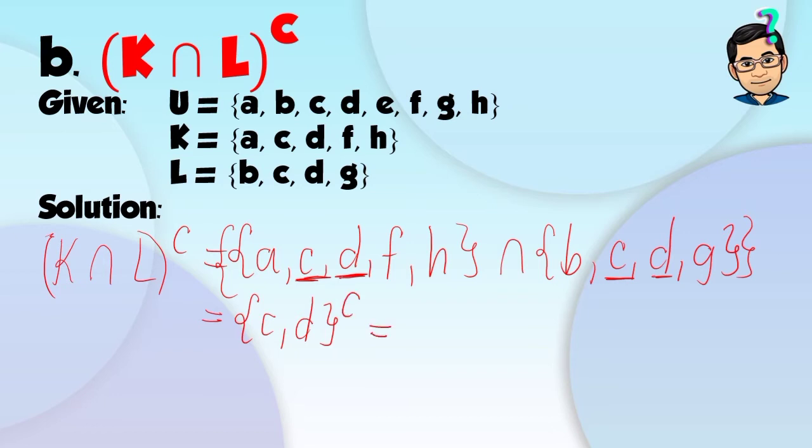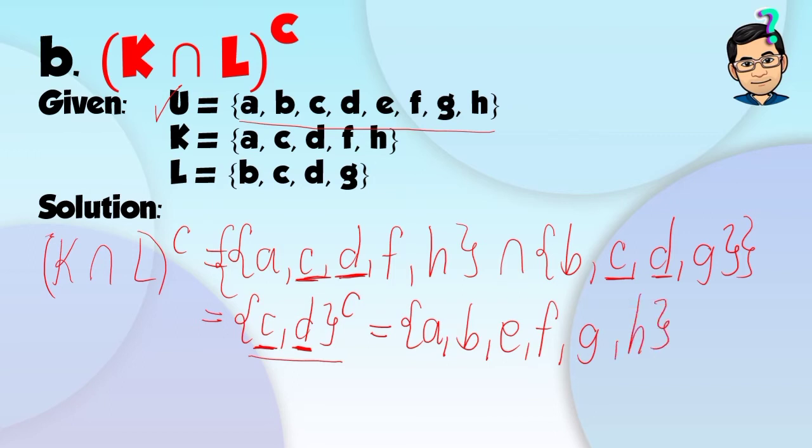Now, so kung titignan natin, yung dalawang elements na yan is C and D. So, anong mga elements ng universal set ang hindi matatagpuan dito sa sagot natin na ito? So, we have element A, B, E, F, G, and H. Okay. So, ang sagot natin for K intersection L, tapos yung complement nila is ayan. So, meron tayong 6 na elements.